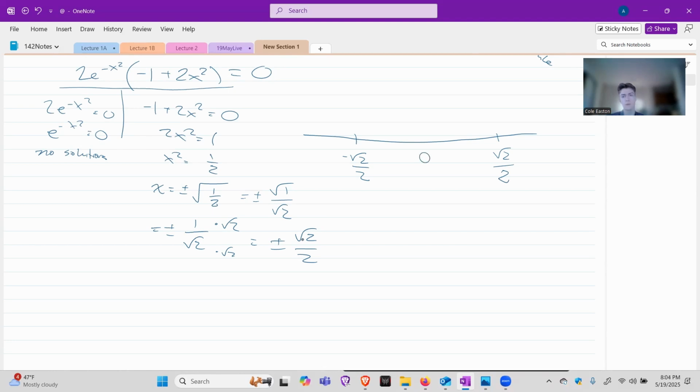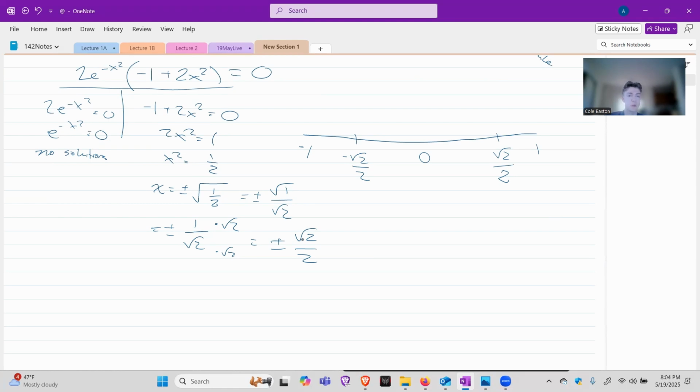Now, notice that root 2 is definitely less than 2. So when I divide that by 2, it's going to be less than 1. So 1 is bigger than root 2 over 2. And this is symmetric, so -1 is less than negative root 2 over 2. If you weren't sure, you could just pick a really big number. Though the bigger you pick, the harder it might be to do these basic computations with.